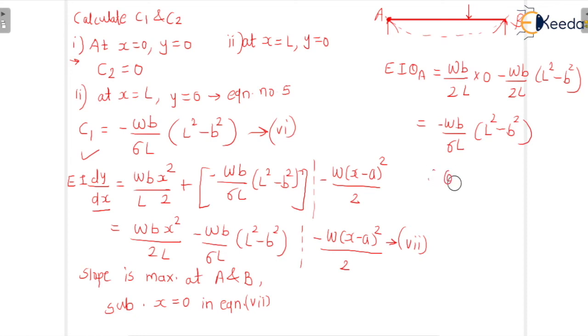So theta A we get as minus WB by 6EIL, L square minus B square. Okay, so this is the value of theta A for this particular case.